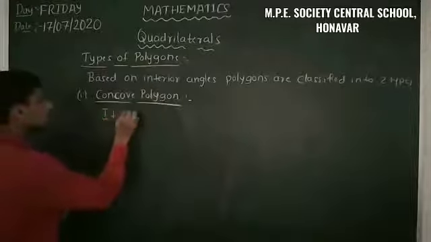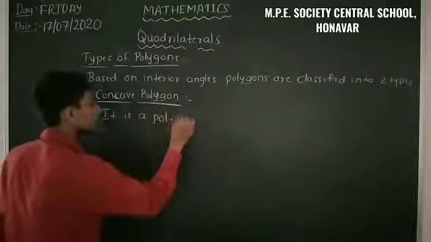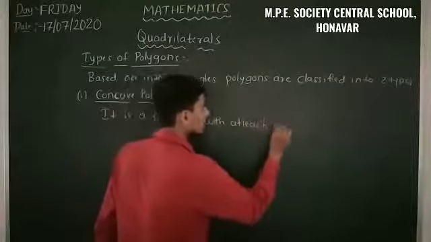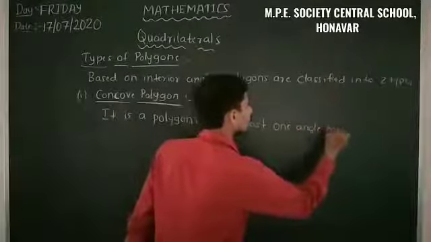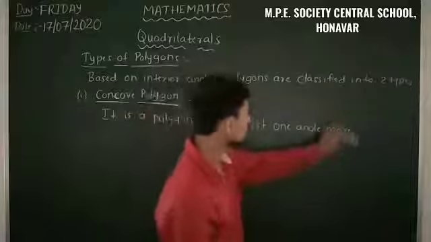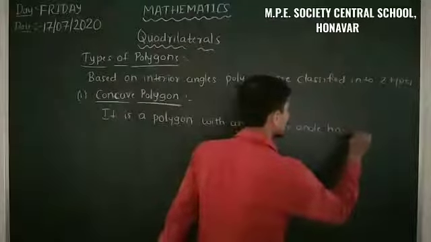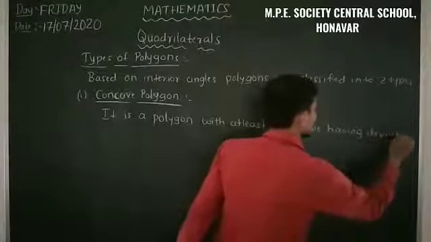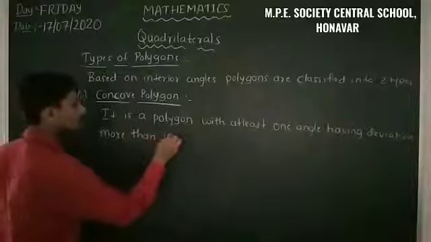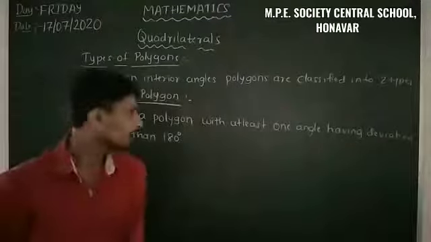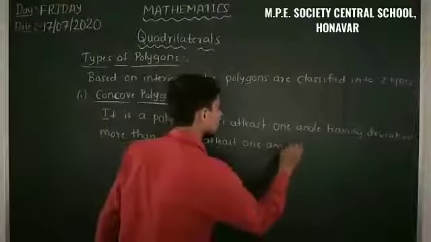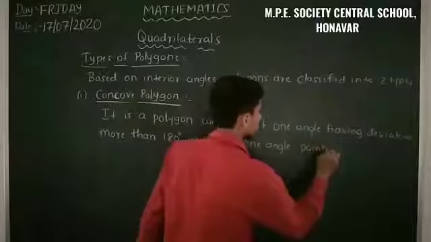It is a polygon with at least one angle having a deviation of more than 180 degrees, or at least one angle pointing inward.